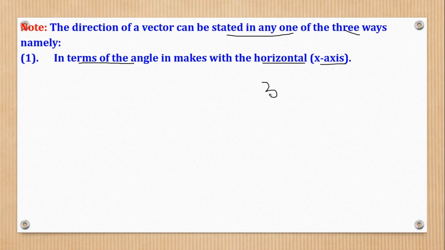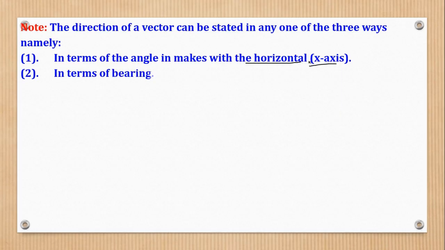You can say 30 degrees above the horizontal or 30 degrees below the horizontal. Or you can say 30 degrees above the x-axis or 30 degrees below the x-axis. That is one way, you give the angle basing on the horizontal or basing on the x-axis. But we shall see all this.